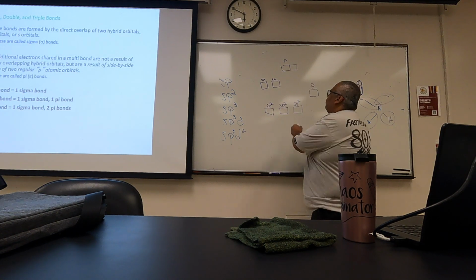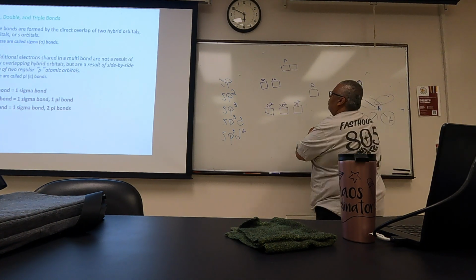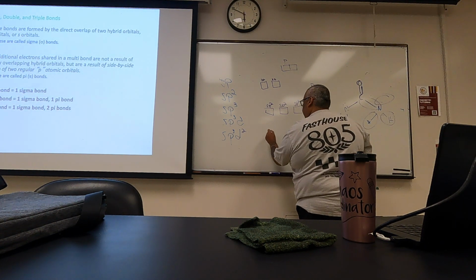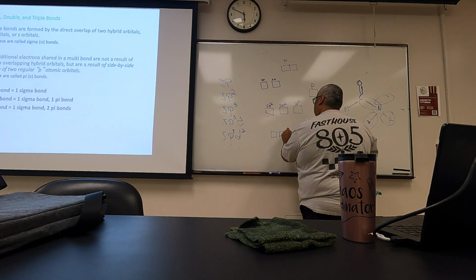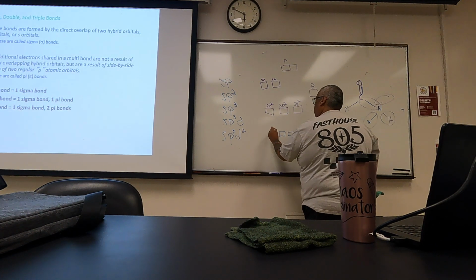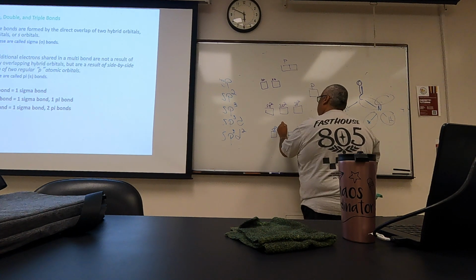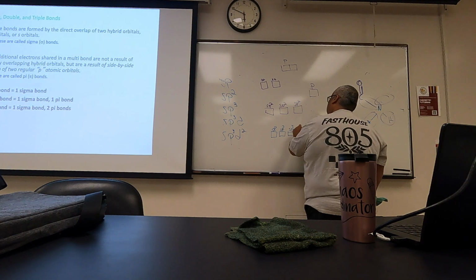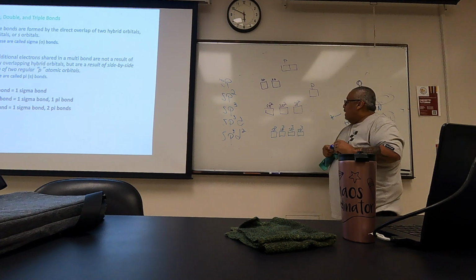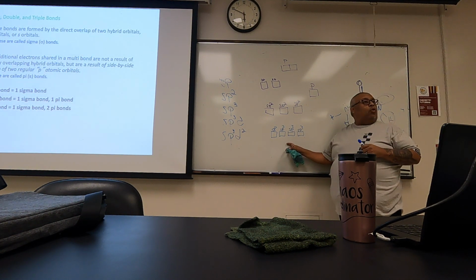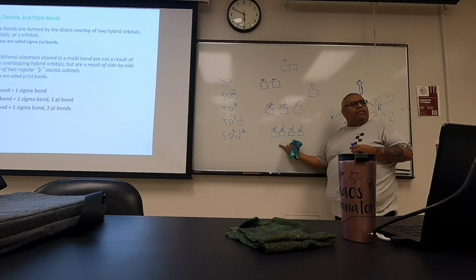Before we get to sp over here, let's take a look at sp3. How many unhybridized p orbitals are there? There's none. So if anything has sp3 hybridized orbitals, can we make pi bonds?